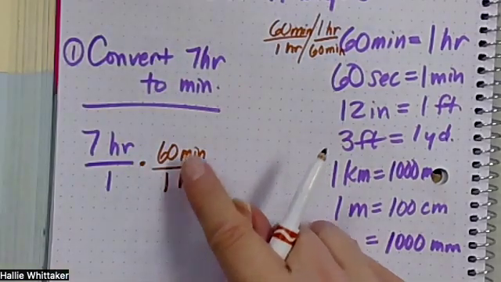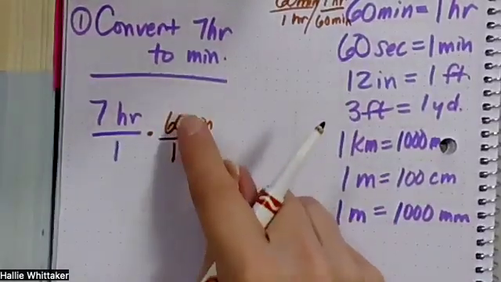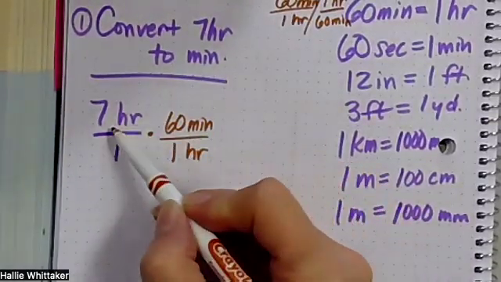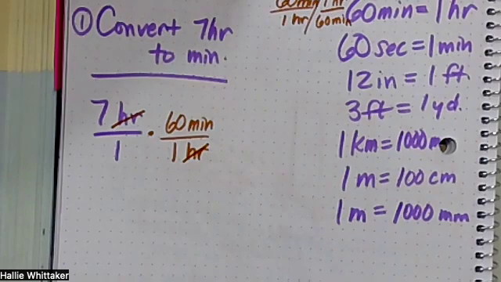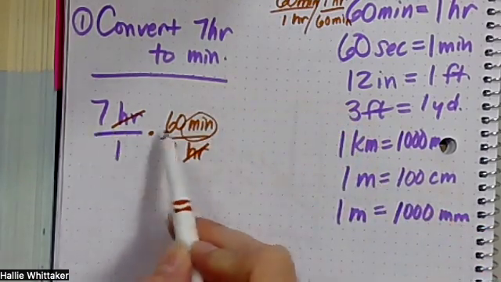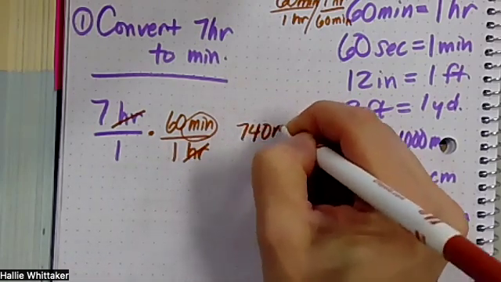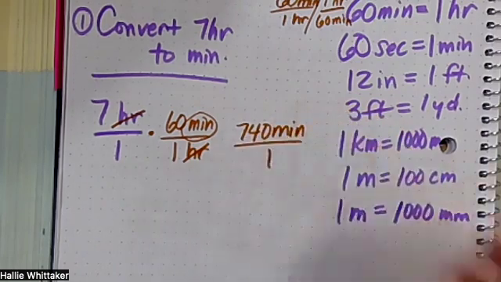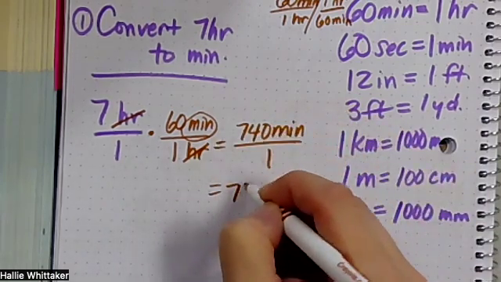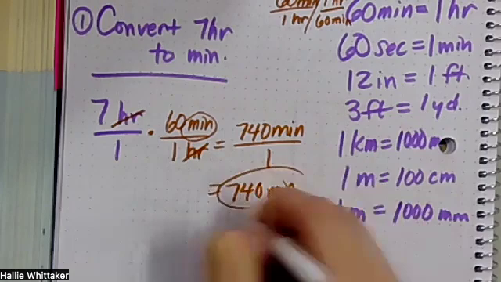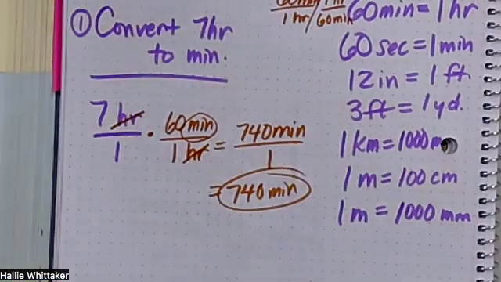We're just multiplying by a value of 1 because they're equal to each other. So when you do that, the hours cross eliminate and you're left with the unit you need, which is minutes. So 7 times 60, multiply straight across, you get 740 minutes over 1, which you don't have to put, just put 740 minutes. Okay, so that's kind of warming you up.